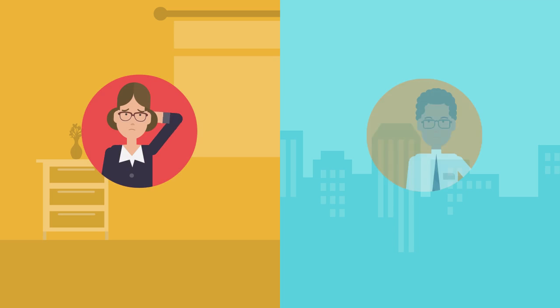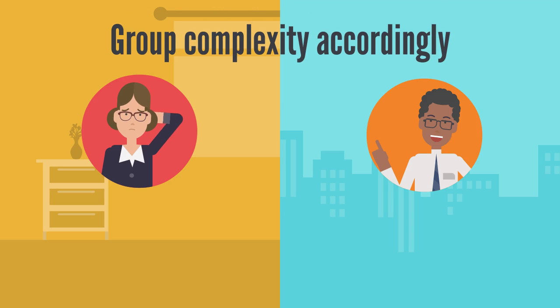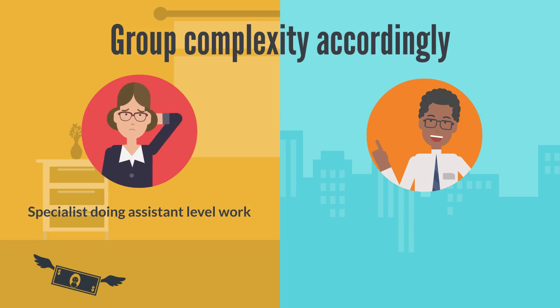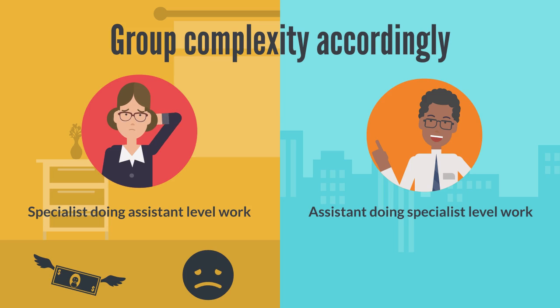A few final key considerations. Group similar kinds and levels of work at its corresponding levels of complexity. It doesn't make sense to have a specialist doing assistant-level work because 1, it's not an effective use of your budget, and 2, it may be demotivating for the employee. On the other hand, while it may be motivating, adding specialist-level work to an assistant-level position may disqualify them from the job, or it may create unrealistic expectations for success.